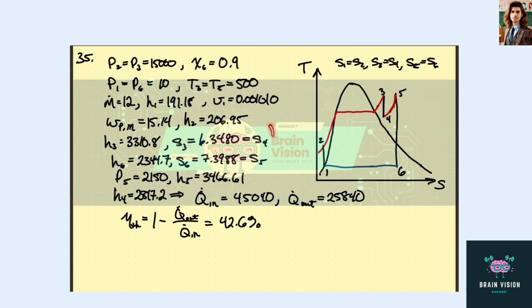The entropy at 4 is the same as the entropy at 3. At 5, what do we have? We have the temperature.